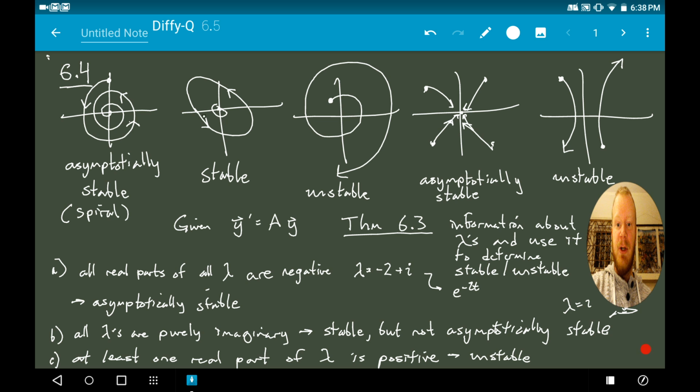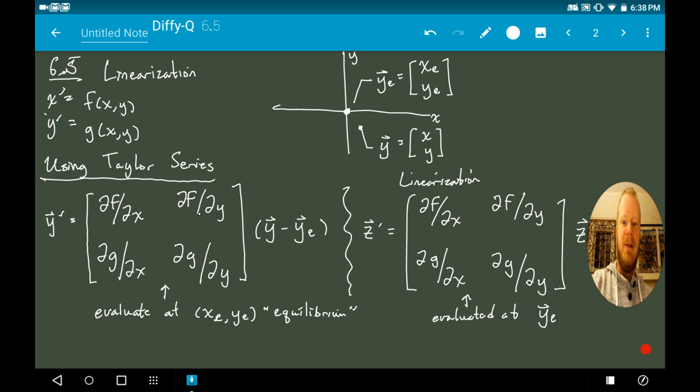Just be able to, if I give you this kind of system, figure out whether the equilibrium points are stable or unstable or asymptotically stable. And then also know that this is called the linearization. So if you can write out, basically, x prime and y prime is equal to this matrix here, right?